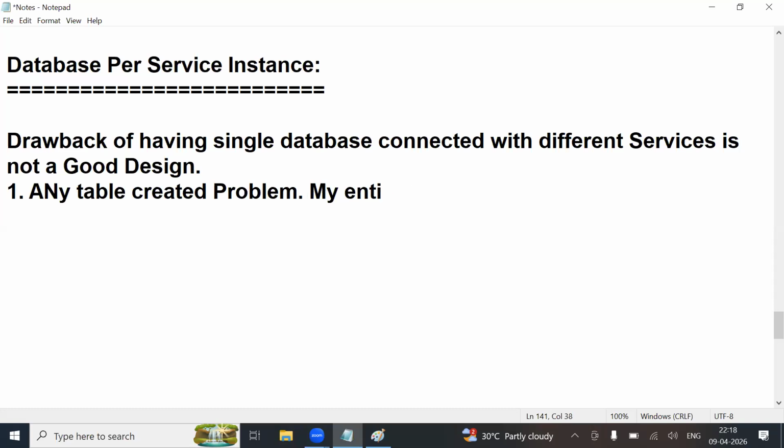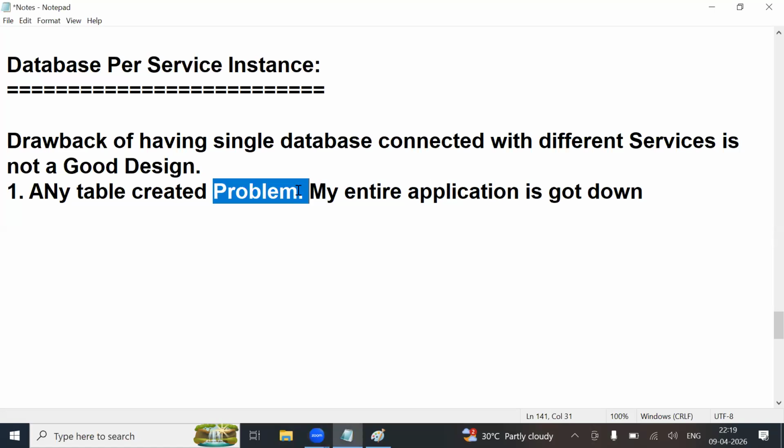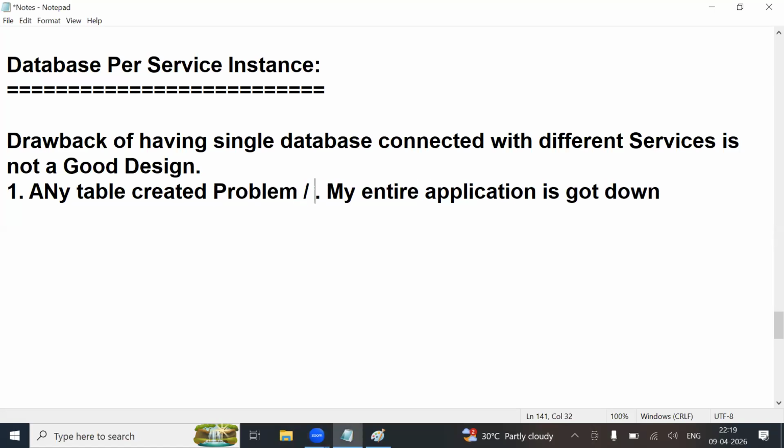Yes. That is my first point. If anybody asks you, you should say you would not maintain this because it is not a proper microservice architecture design. If any table creates a problem or crashes, my entire application goes down.